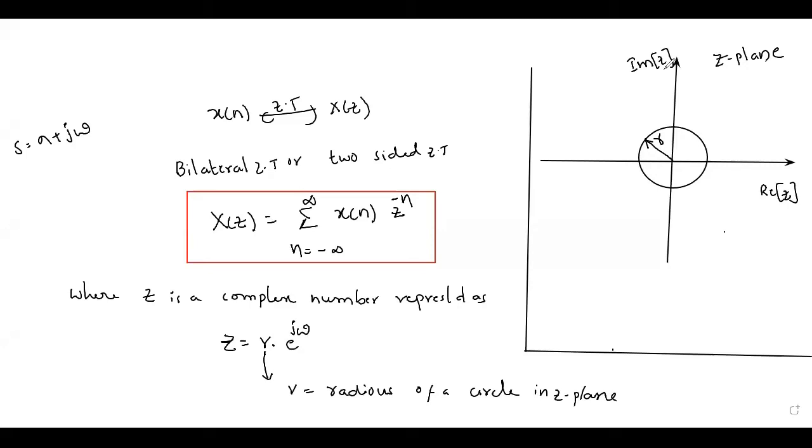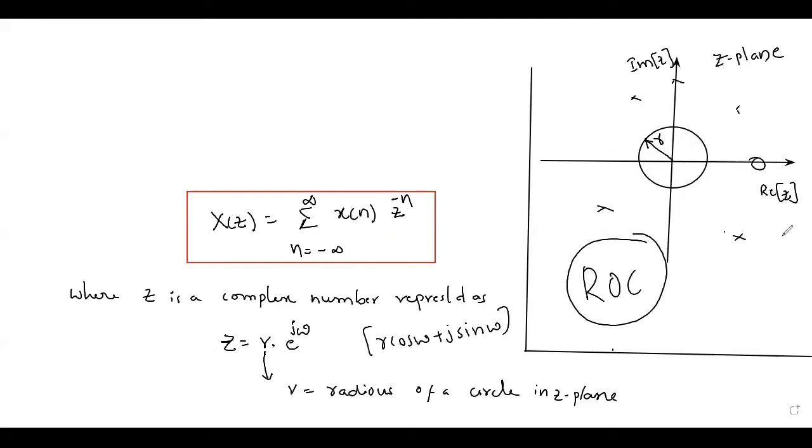Z plane representation. Hope you have copied this. Z plane also you copy. R represents the radius of a circle. So Z plane representation we have completed. Just Z plane and definition.